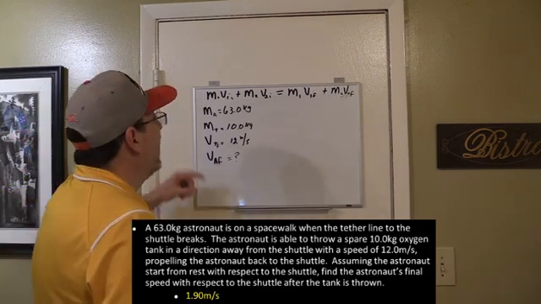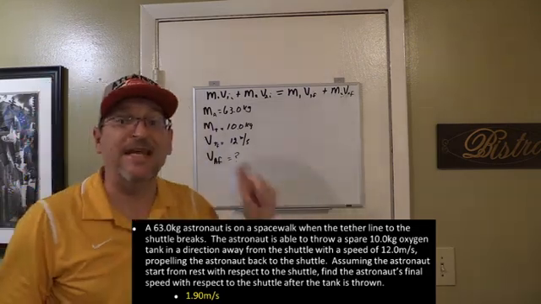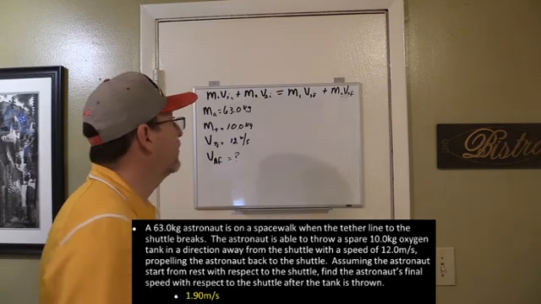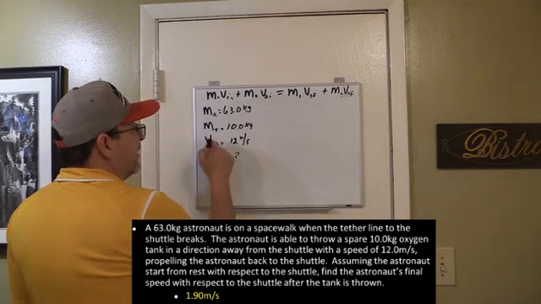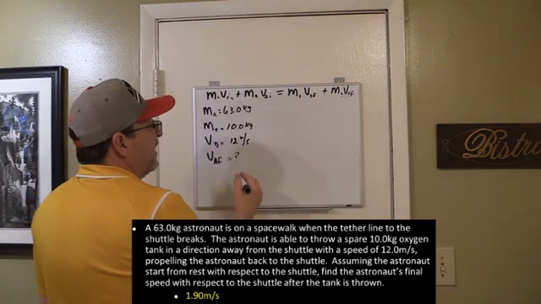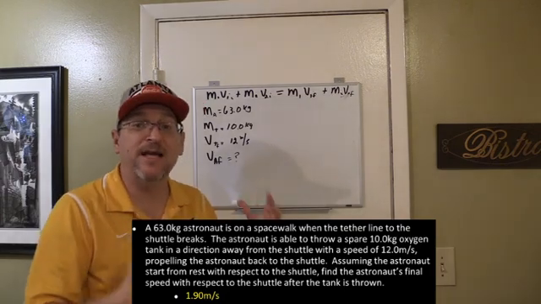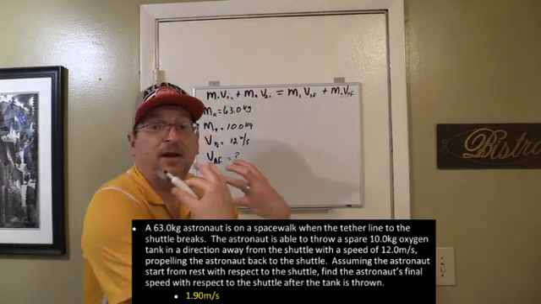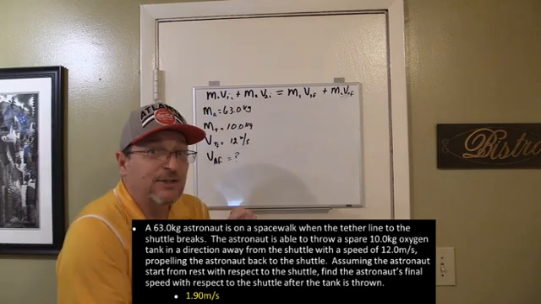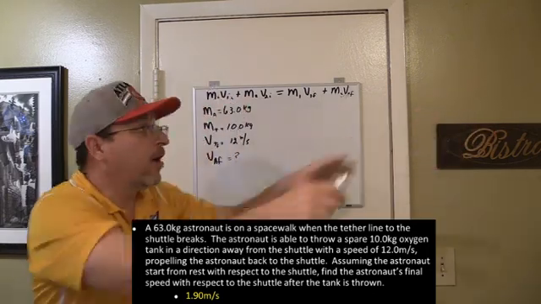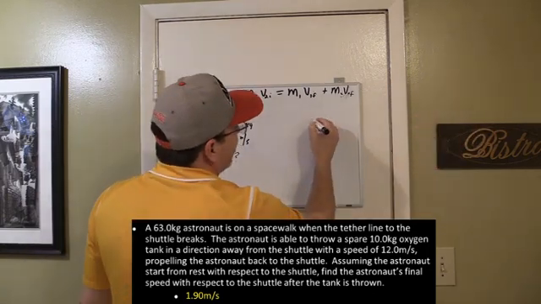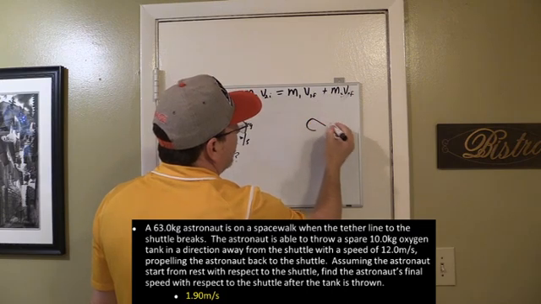Now, what are their initial velocities? The velocity initial of the tank is going to be 0 because the tank and the astronaut are together. The astronaut is going to throw the tank and go in some other direction. Let's see if I can do this real quick.